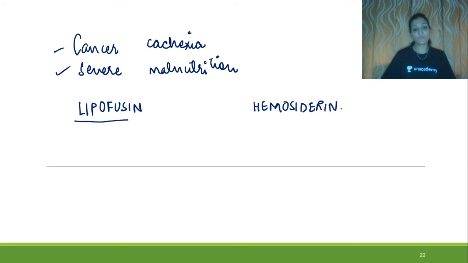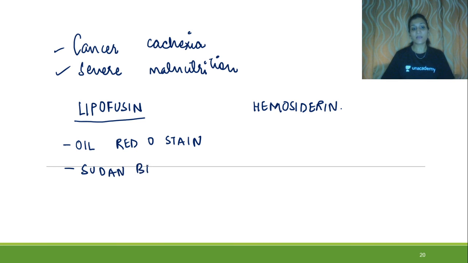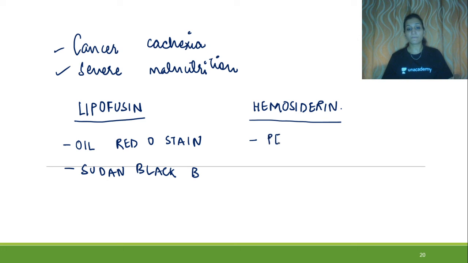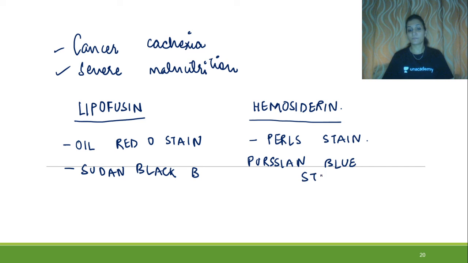The stains used for lipofuscin are lipid stains: Oil Red O stain and Sudan Black B. And the stain used for hemosiderin is Pearl's stain, named after the scientist who gave it. Another name for this is Perl's Prussian blue stain, right?